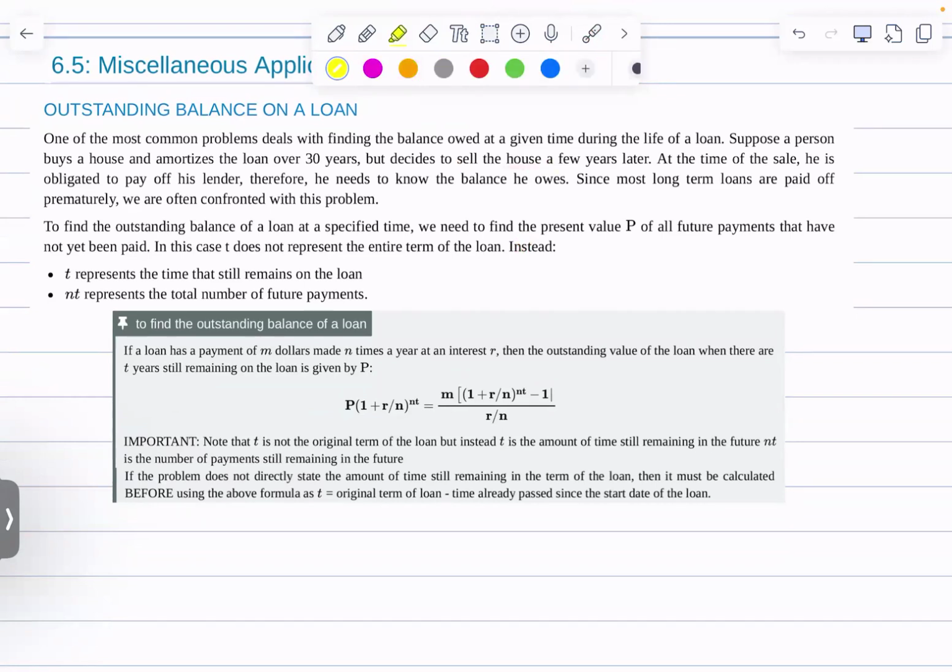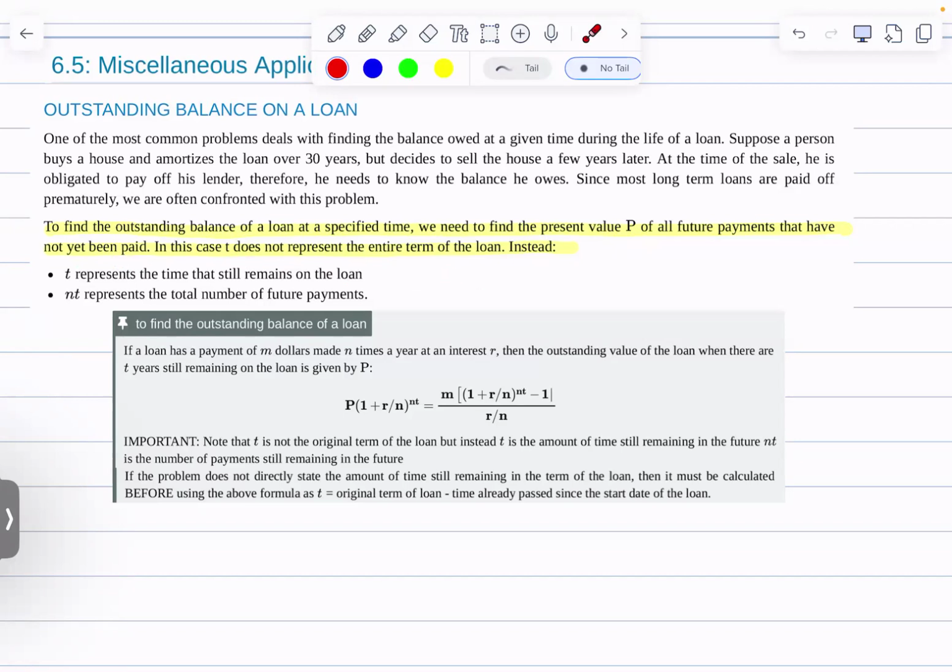I'll skip the preamble because I already did it, but I'll highlight this. To find the outstanding balance of a loan at a specified time, we need to find the present value P of all the future payments that have not yet been paid. In this case, T does not represent the entire term of the loan.